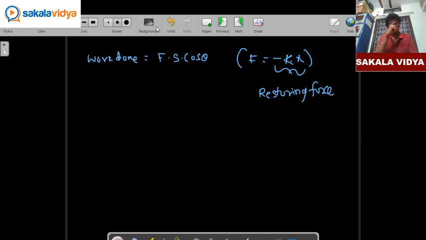So let us substitute here: minus kx, where displacement made by the body is dx, so in the place of s we substitute dx into cos 180.